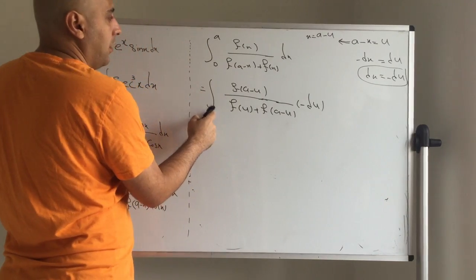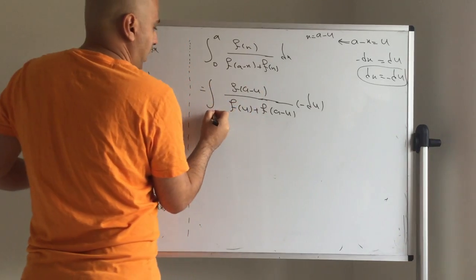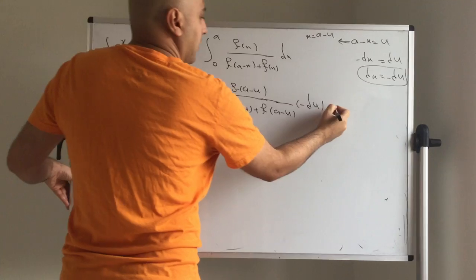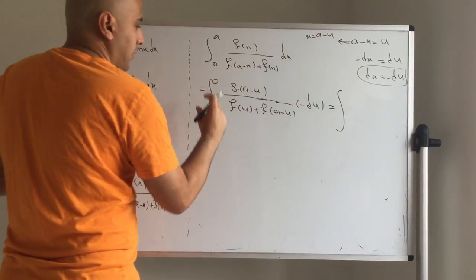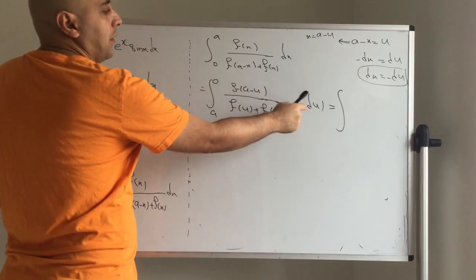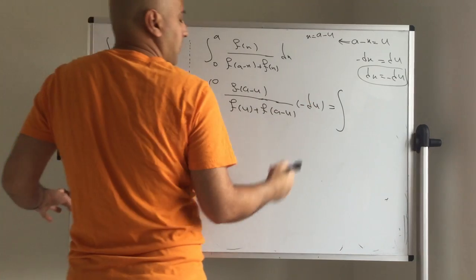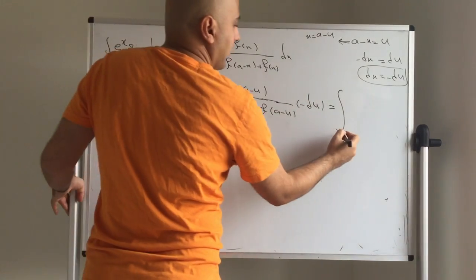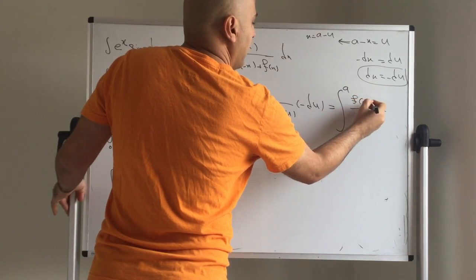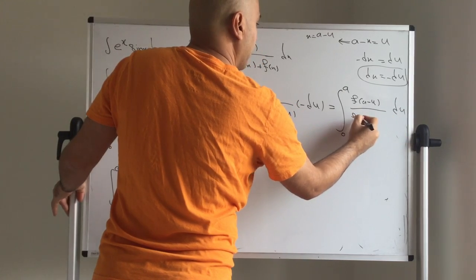But for here also, if I put 0, I will have a. If I put a, then I will have 0. Again, I will change the boundaries, so another minus appears, and then you will see the minus times minus will be plus. So the integral from 0 to a of f(a minus u) over f(u) plus f(a minus u) du.